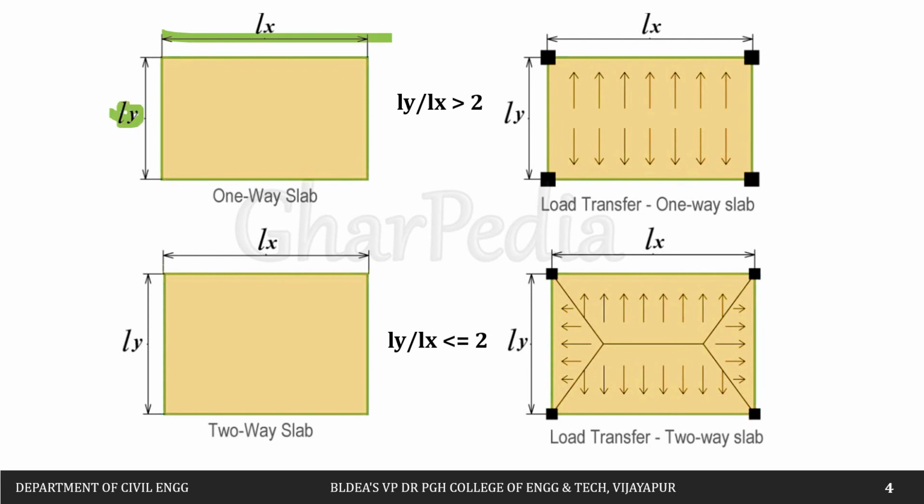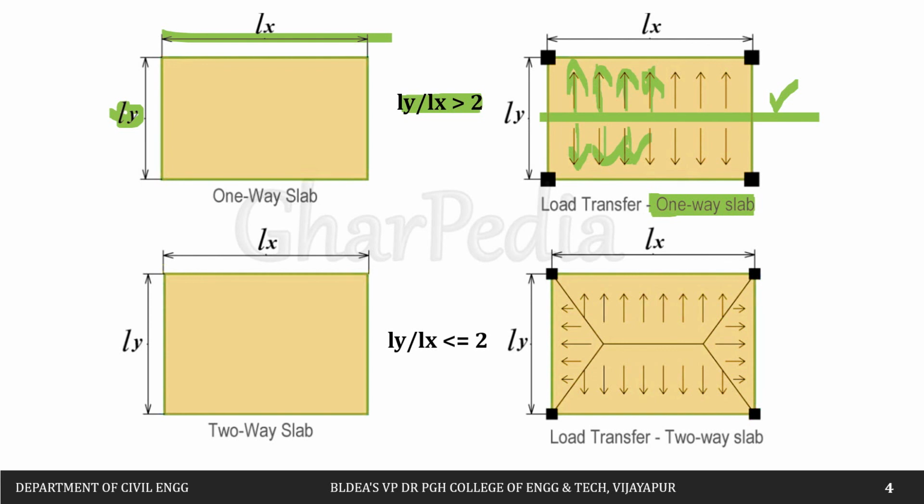If Ly by Lx is greater than 2, we call it a one-way slab. If the slab is supported on only two sides, then we also call it a one-way slab. Here the load is transferred in only one direction.